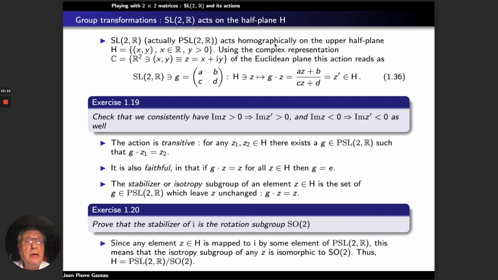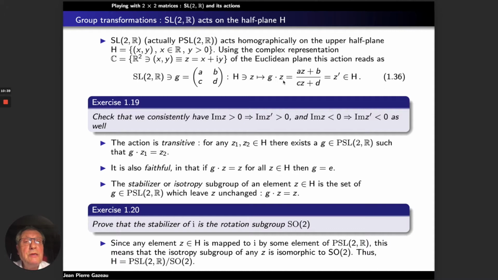This action here, homographic action, reads as the following. We consider an element G of SL2R. We consider an element Z of the half plane. And to Z will correspond the action of G on Z. Here I will put a dot in order to define this action.